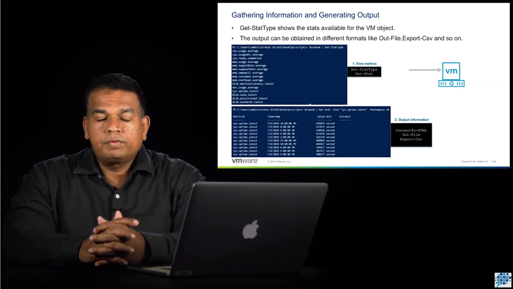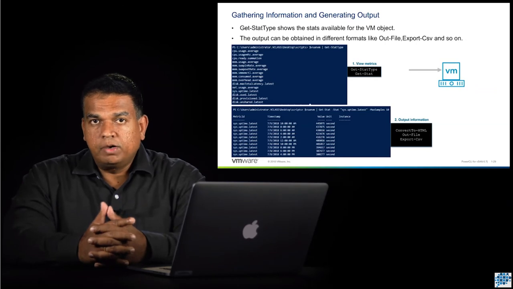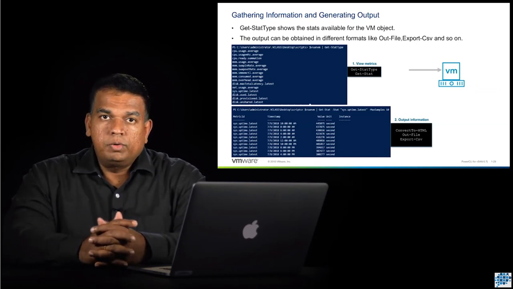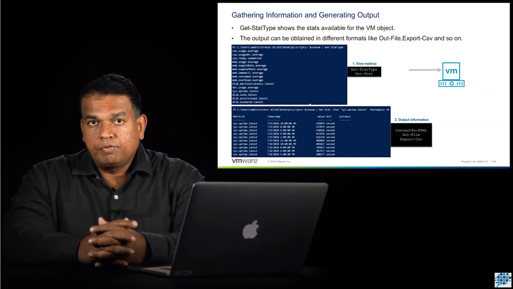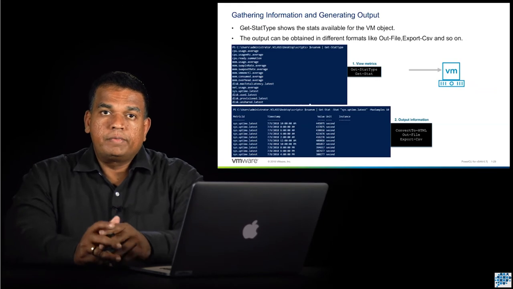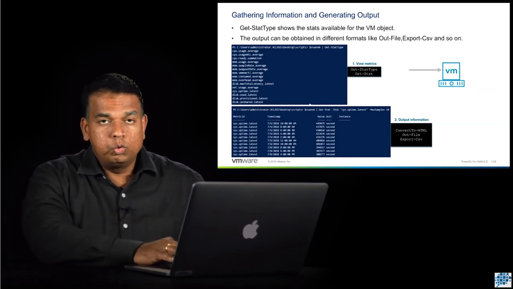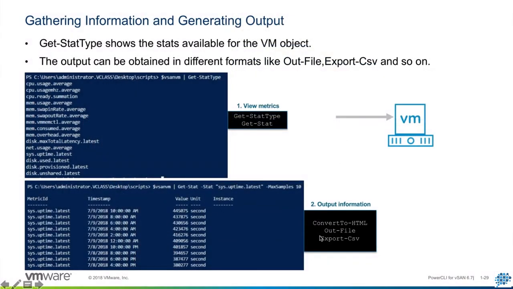Most of the time it is not very useful to have the output displayed on the screen. We might want to store the output in an HTML file or a CSV file. So we can use some of these commands to produce the output which we actually need. For example, we have a commandlet called ConvertTo-Html.